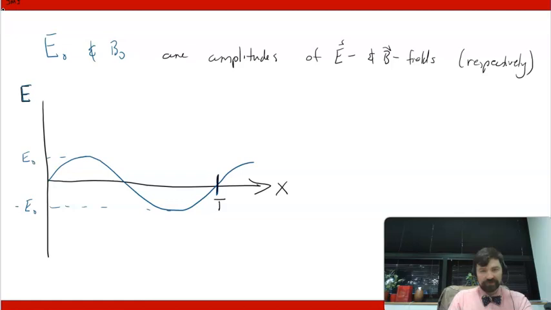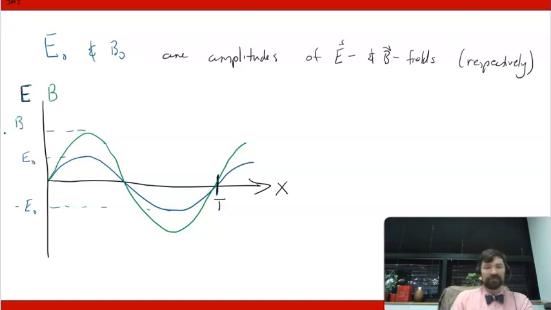So this is the period T. And if we were to add to this graph, let's say in green, the magnetic field, it basically would look the same as the electric field as far as being a sine wave, as far as having the same period. The amplitude obviously ends up being different because we're measuring a different kind of wave.